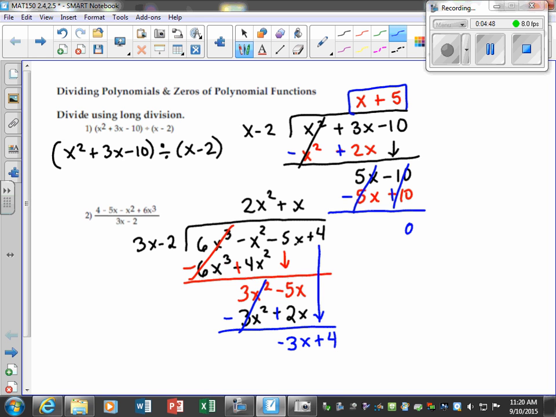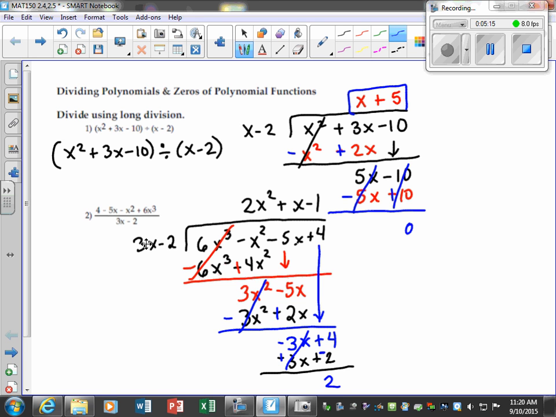So now we're ready to say this times what will give us this first term? Negative 1, good. I'll put negative 1, multiply that negative 1 back, and then we change the signs, so this becomes positive, and then this one becomes negative.